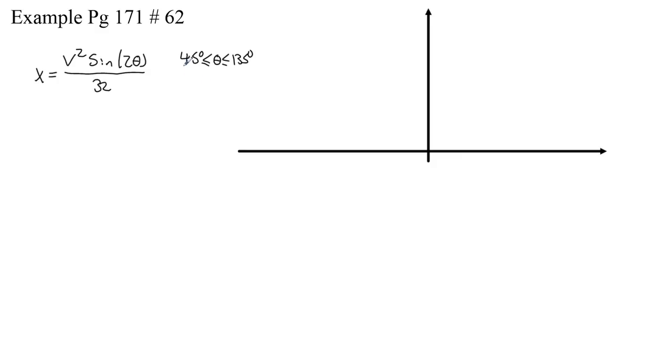Now, since this is calculus, to be safe, remember that 45 degrees is pi over 4, and 135 degrees is 3 pi over 4.